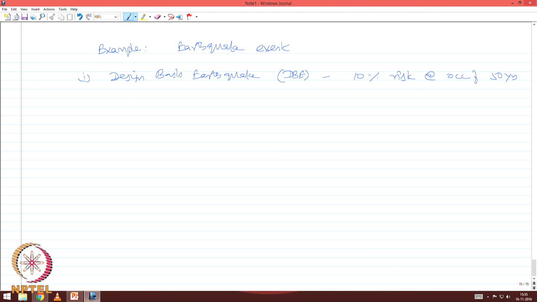The second one is the maximum credible earthquake, MCE. This is an event associated with only 2% of risk, of course at an occurrence of 50 years.